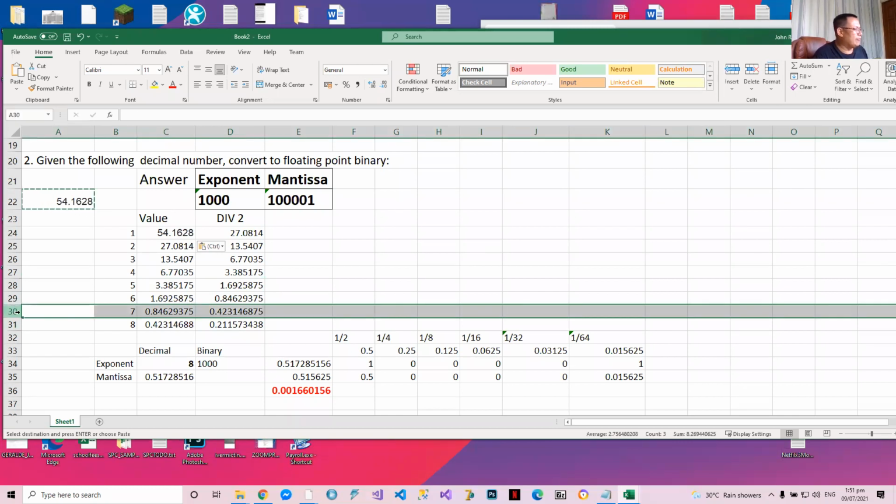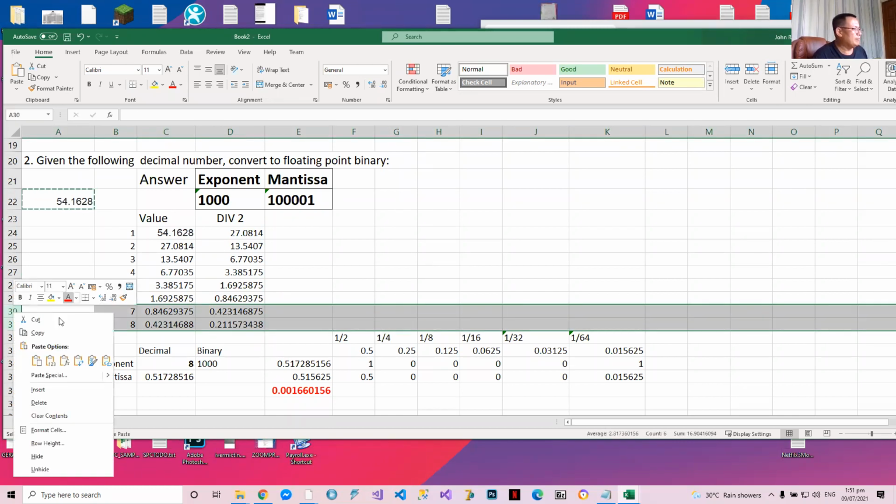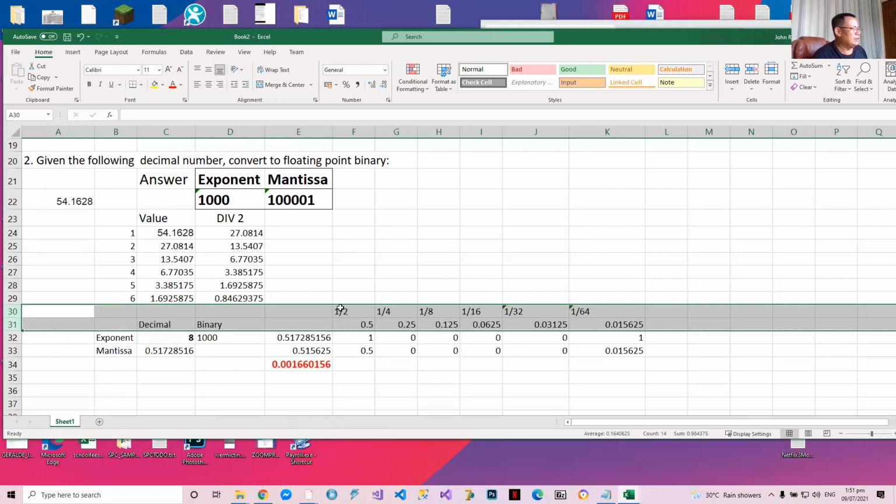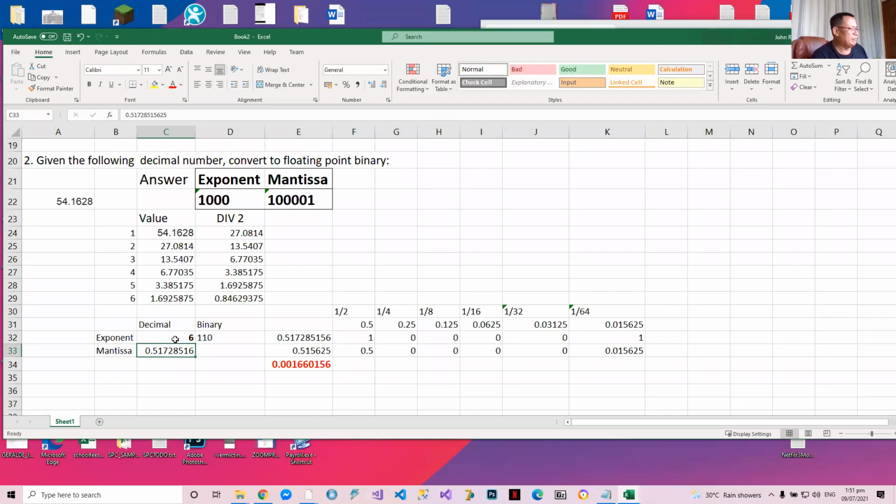The rows which are after the first 0. So it's now sure that we count the number that our exponent is 6. We'll just add the necessary 0s because we are required a 4-bit exponent. And then we will clear this.